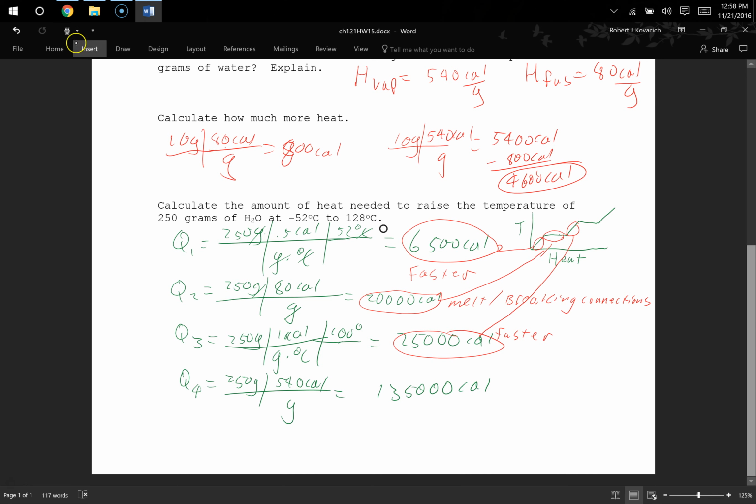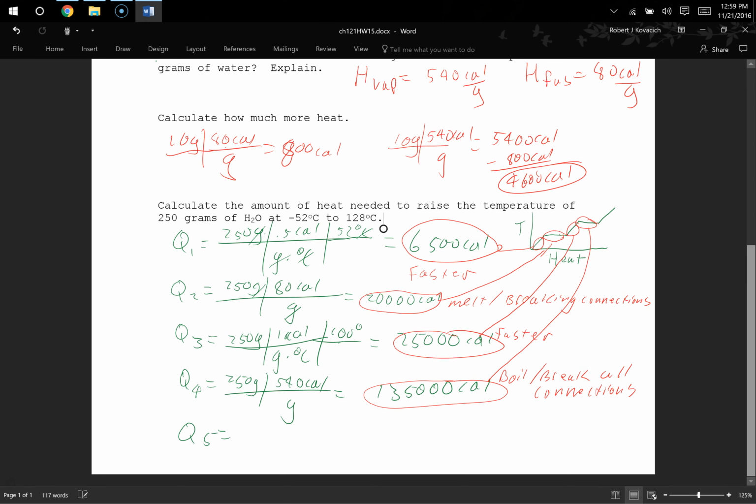So the energy needed to boil is more than all of the other energies added together. So this is just this boiling portion right here. So this is to boil, and this is to break all connections. Because what we're talking about is turning it into a gas, so now the water molecules are no longer touching each other.